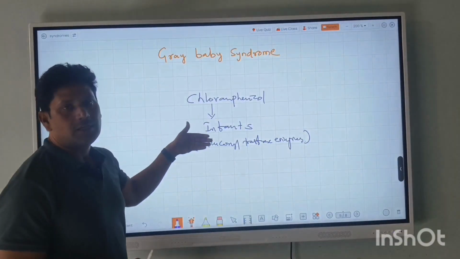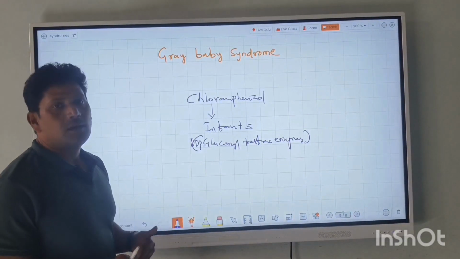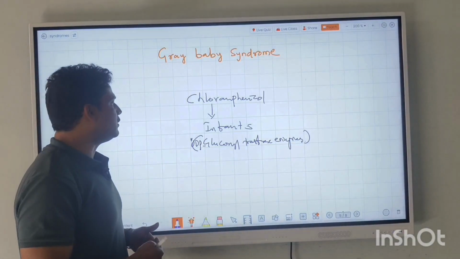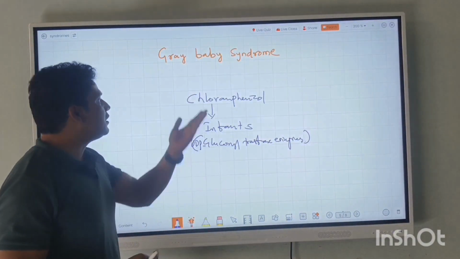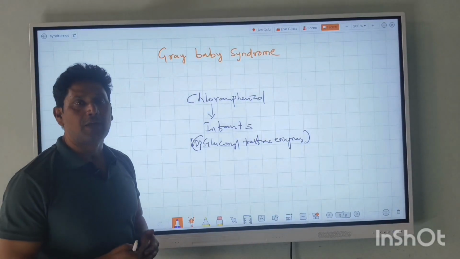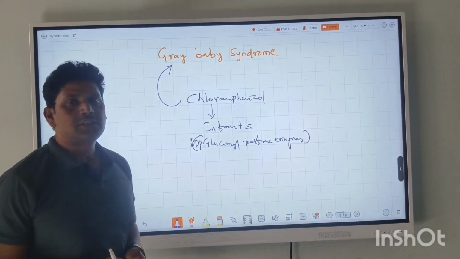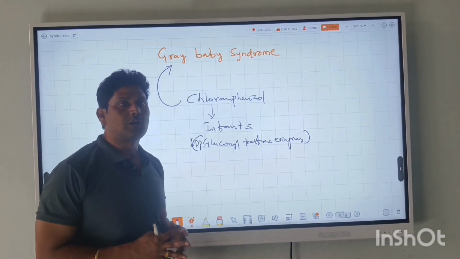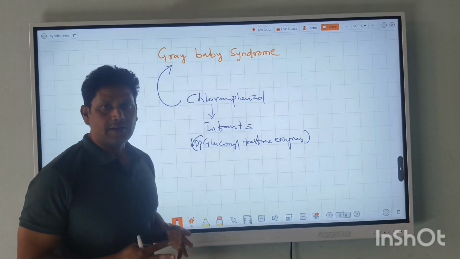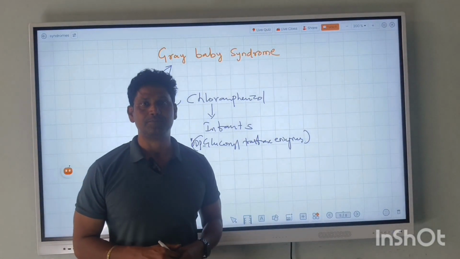So it is absent in infants or newborn babies. So chloramphenicol is unable to get metabolized in absence of UDP glucuronyl transferase enzyme and increases the chloramphenicol concentration in the plasma and produces Gray baby syndrome. So this is the major drawback of chloramphenicol. That's why chloramphenicol should not be given to infants. So this is about Gray baby syndrome.